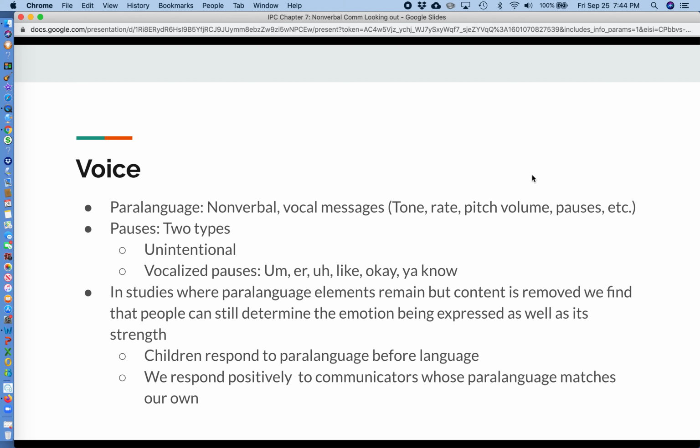So babies understand sadness or anger through the style of your speech well before they understand the actual words that we're saying. We also find that paralanguage is important in terms of relating to other people, and that we respond positively to communicators whose paralanguage matches our own. So we like people who speak in the way we do, in terms of how fast or how slow they speak, where they use their pauses, and so on.